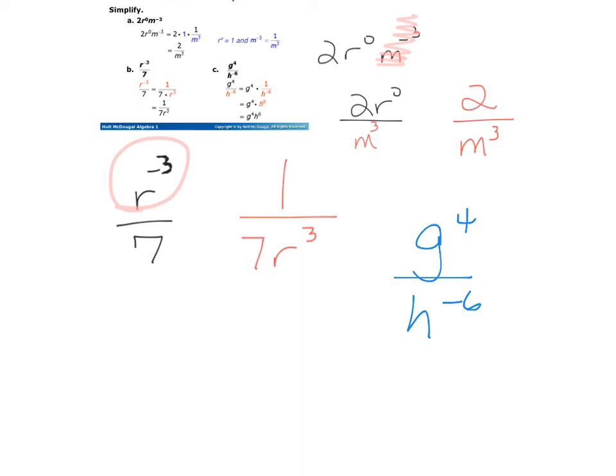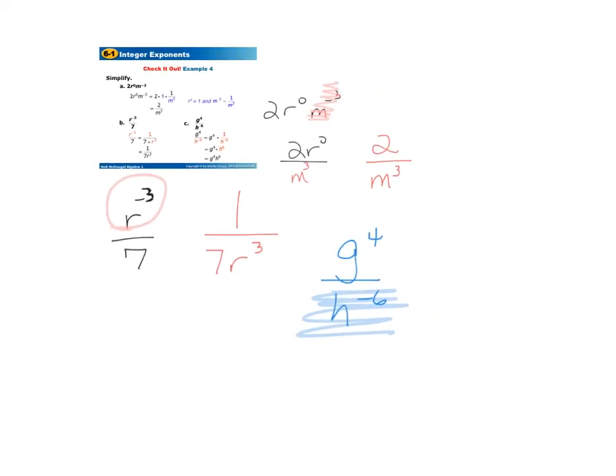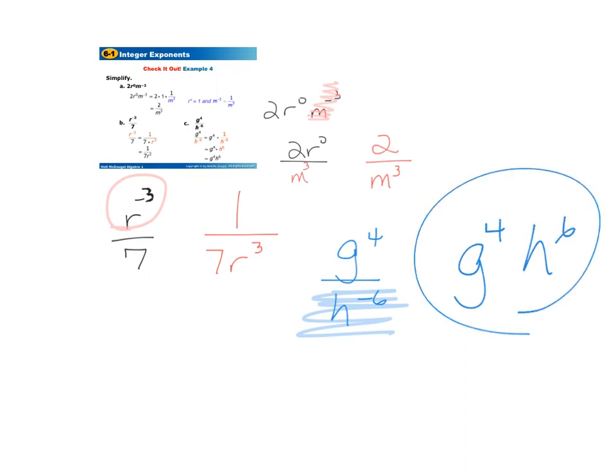All right. This one, what's going to move is the negative 6. To make it positive, it's just going to go sit up top with that g. And there's your answer.